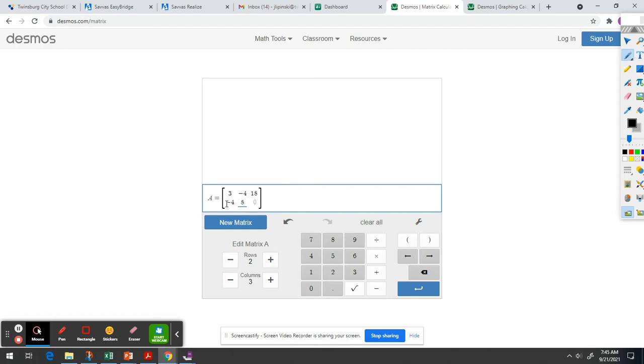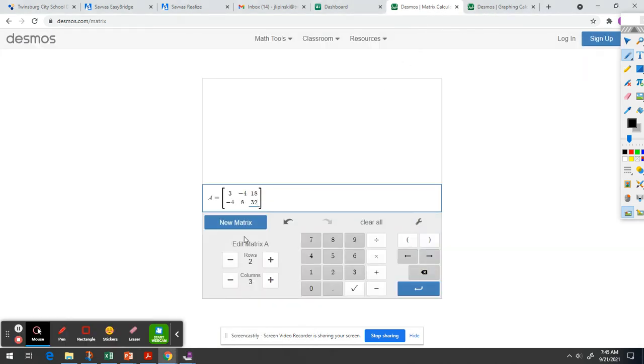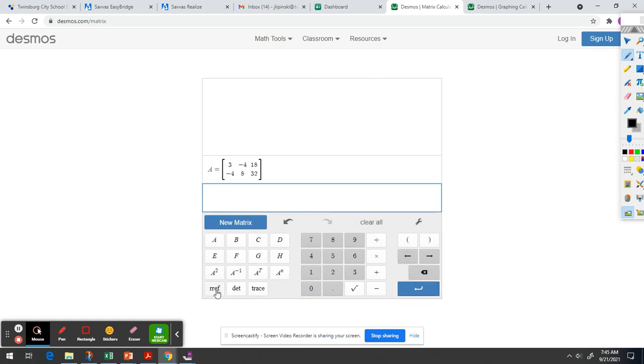Again, I click, was it -32 or 32? Make sure it was positive 32. And it was. Okay, so I click done. I'm going to click row reduced echelon form. I'm going to put in matrix A, and my answer here is X equals 34, Y equals 21.